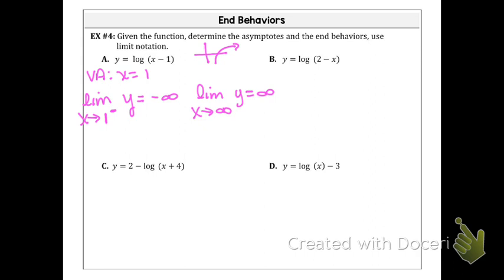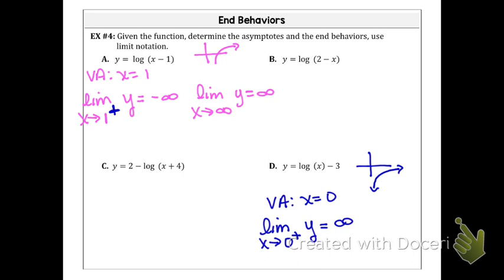Now I'm going to jump down and do D. Because D says my graph is just moving down 3. So if you think about it being graphed, you're just going to move it down 3. So my vertical asymptote isn't going to move. It's still at x equals 0. And so our limit as x approaches 0, oops, this should have been from the right. As x approaches 0 from the right, y is going to go down to negative infinity.